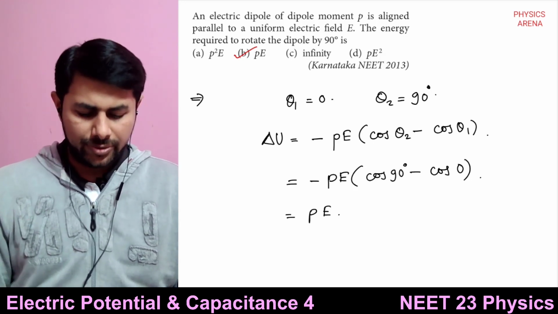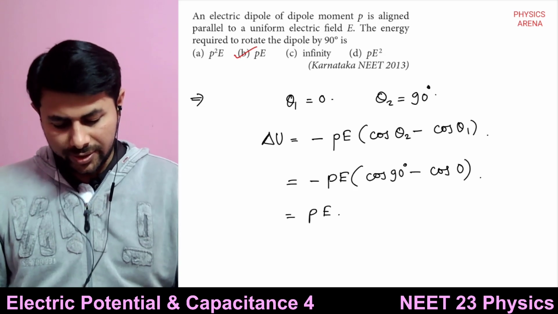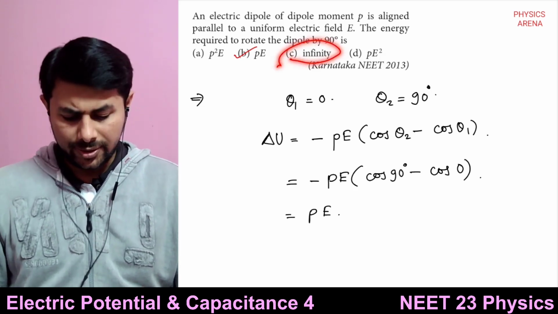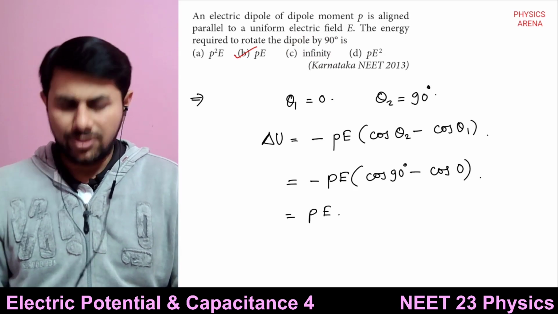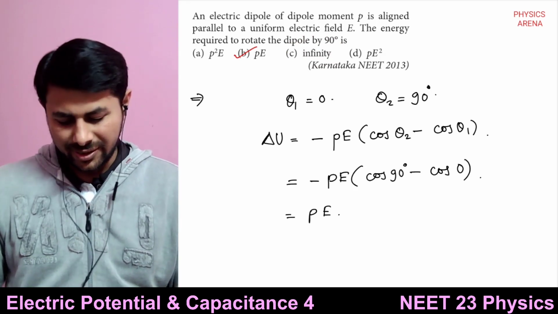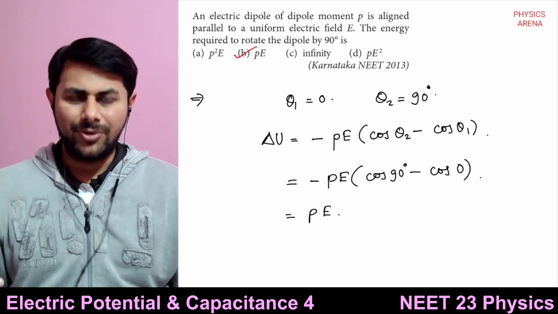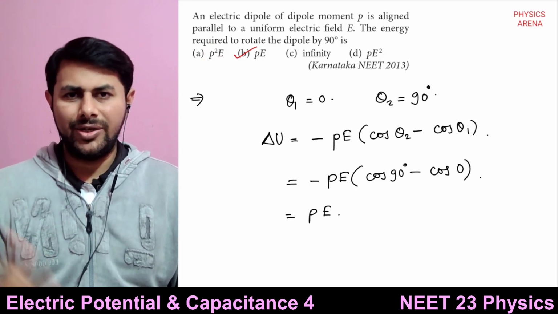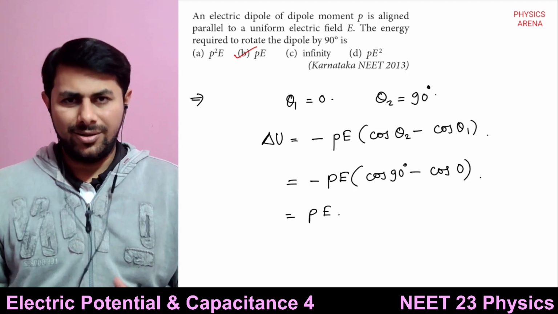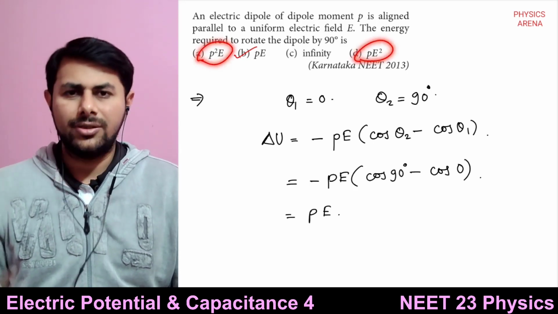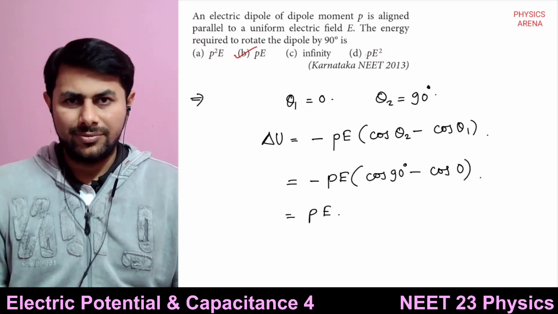Actually, we don't even need to solve this. First thing, it cannot be infinity. Just look at the options. The options are very strange. Other options: P square E. We know when we rotate a dipole, in the formula we have P times E, right? So these options are dimensionally wrong.